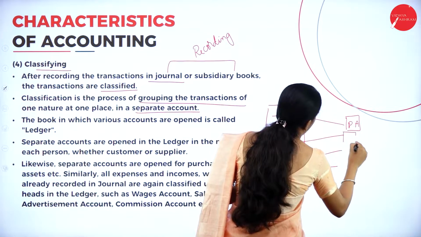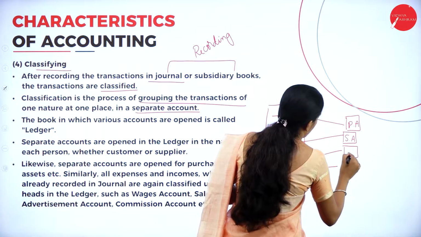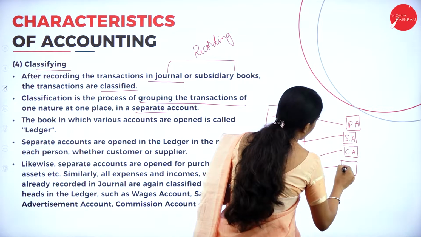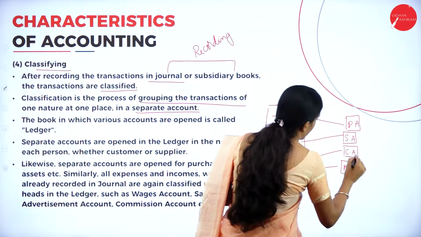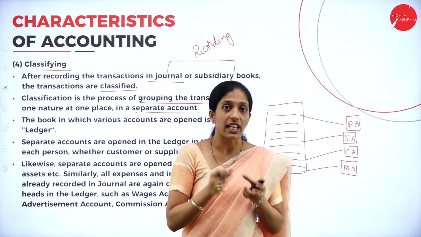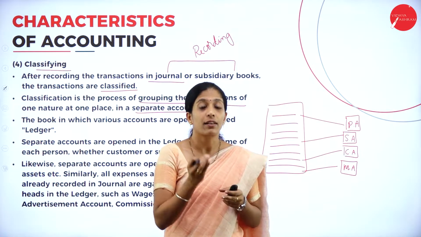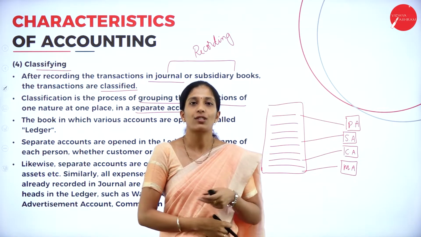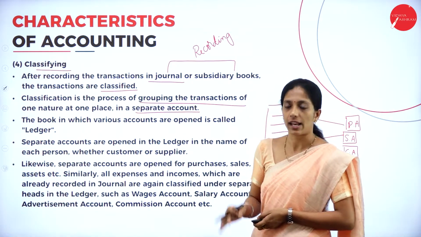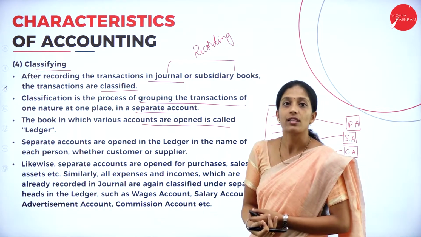In the same way, all the transactions relating to sales go in the sales account, all the transactions relating to cash go in the cash account, and all the transactions relating to machines go in the machinery account. Like this, depending upon their nature, we segregate all the transactions into one particular place. That is known as classification, where we prepare separate accounts. So the book in which various accounts are opened is called what?